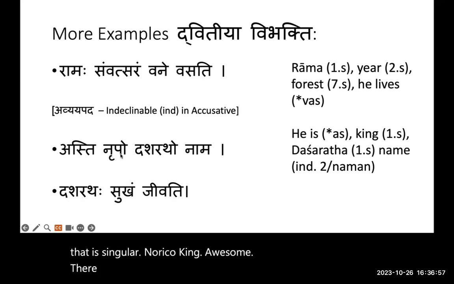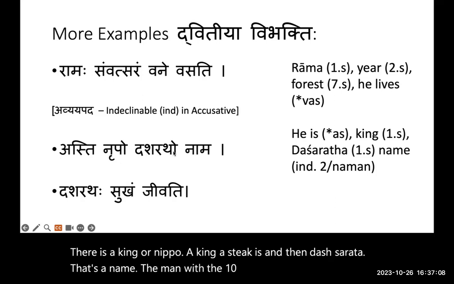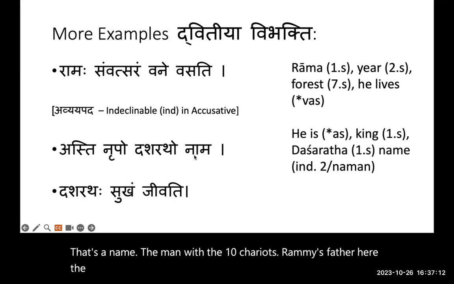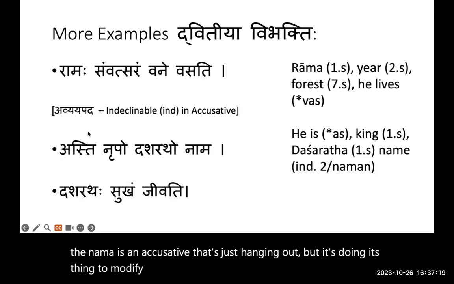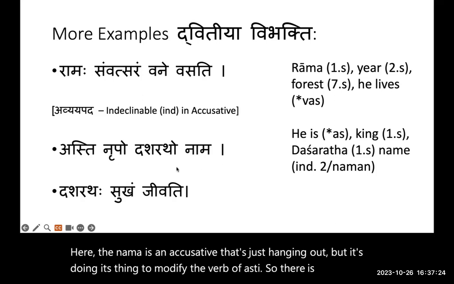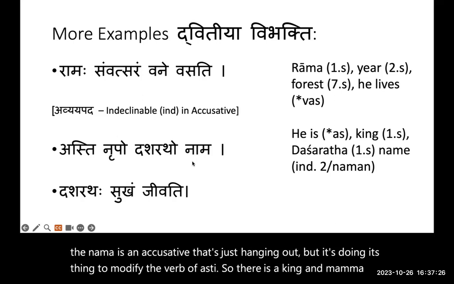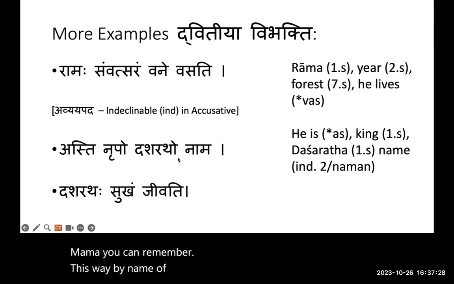There is a king, nṛpo, a king, asti is, and then Daśaratha, that's a name, the man with the 10 chariots, Rāma's father. Here, the nāma is an accusative that's just hanging out, but it's modifying the verb asti. So there is a king, and nāma, you can remember it this way, by name of Daśaratha.